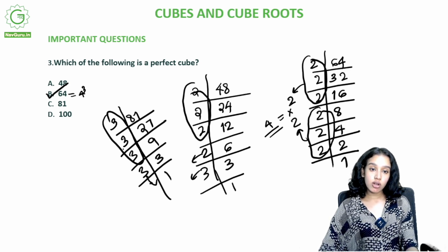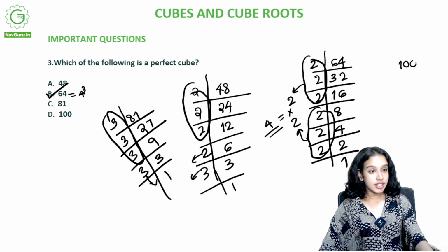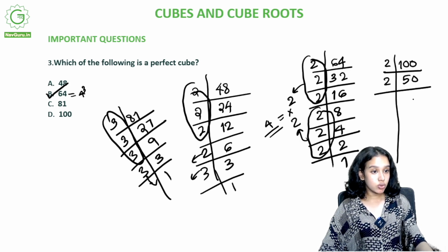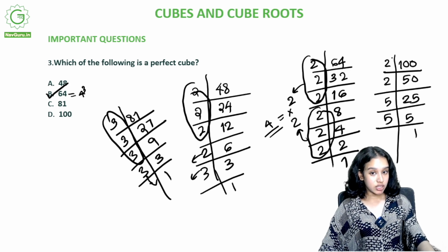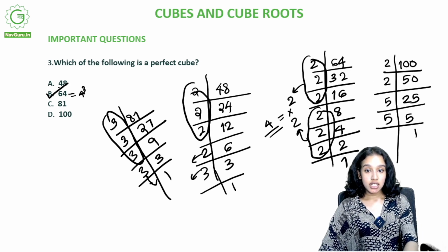So this is also not a perfect cube. Now 100. Divided by 2, we get 50. Again 2, we get 25. With 5, we get 5. Again with 5, we get 1. None of them is a group of 3. So the answer is 64.